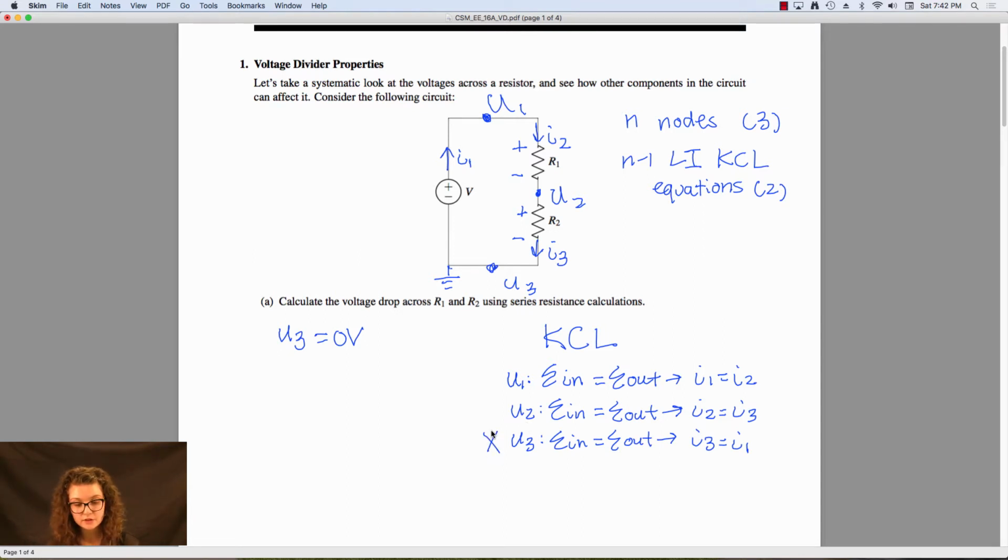But from this, what's more interesting is we can see that I1, I2, and then I3 are all the same current. So you have two choices you can do here. One thing you can do is you can just choose to continue solving this with 3 separate current unknowns. What I like to do is once I notice this, I just eliminate 2 of the variables. Let's say I1 is the one current that remains.